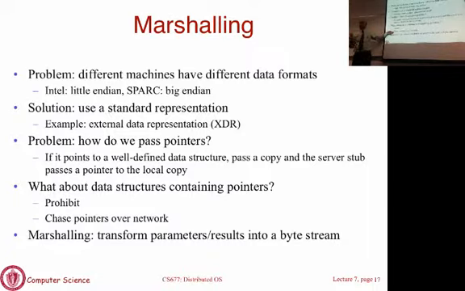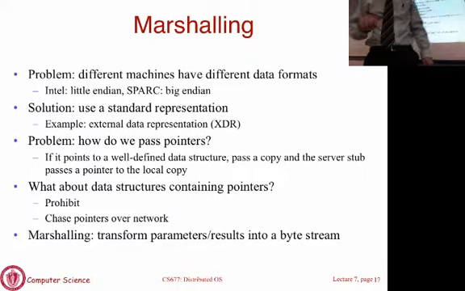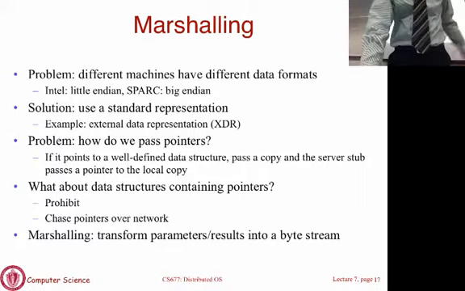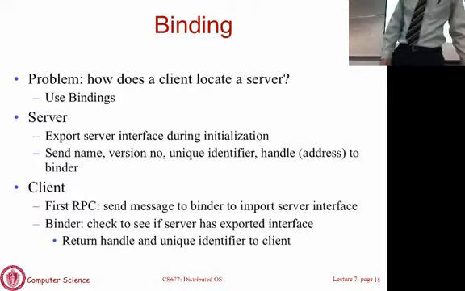That's one of the few languages that actually allow you to pass object references as arguments. Most RPC systems don't. Java is actually an exception, not the rule, and it allows you to chase pointers over a network. It has a concept of a network pointer. When we talk about the RMI world next time, we'll talk about that in a little bit more detail.